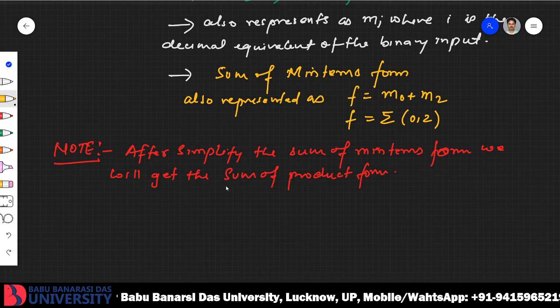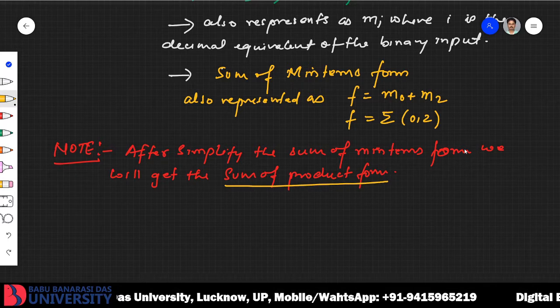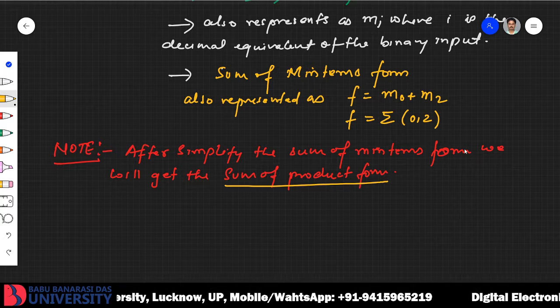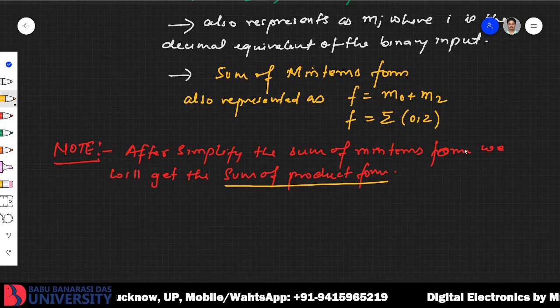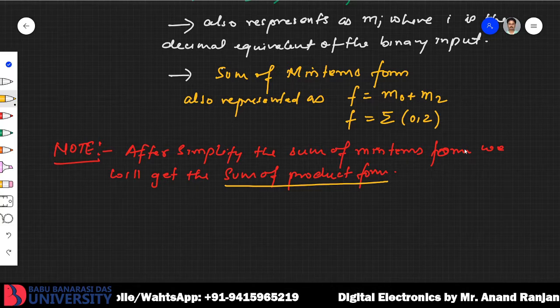So the sum of product form is nothing but the simplification of this sum of minterm expression. Okay, all right.